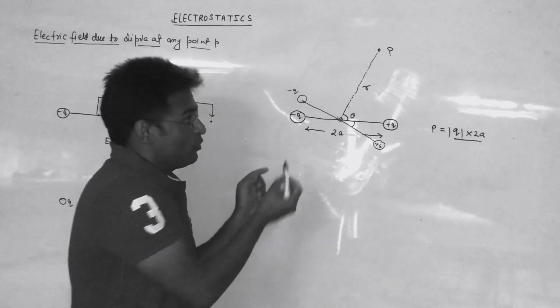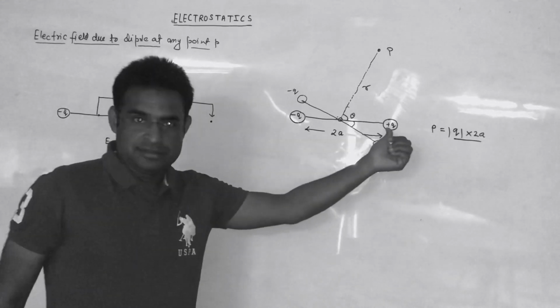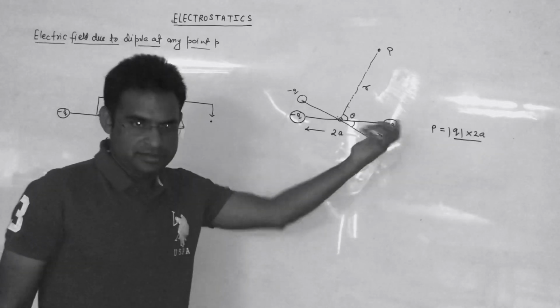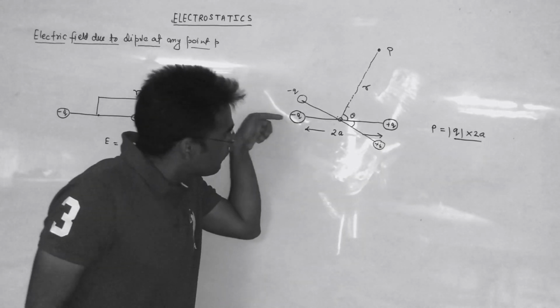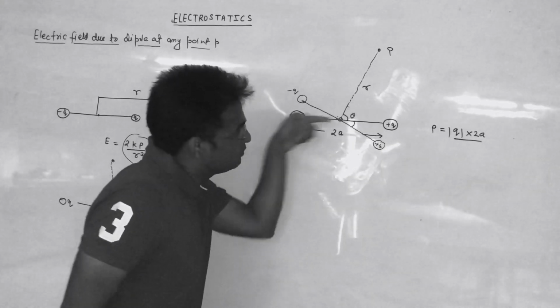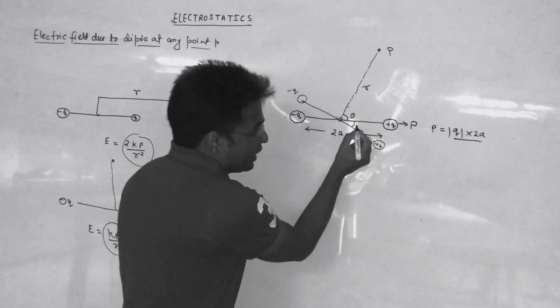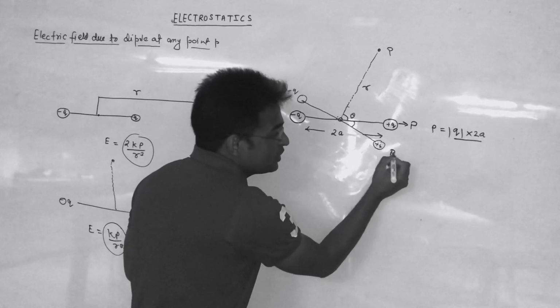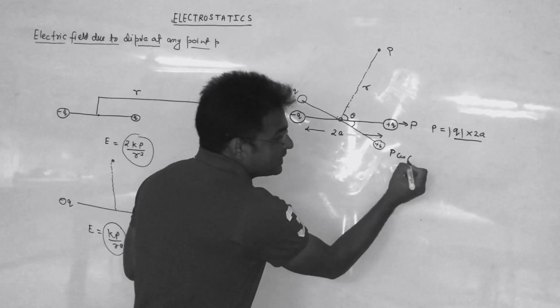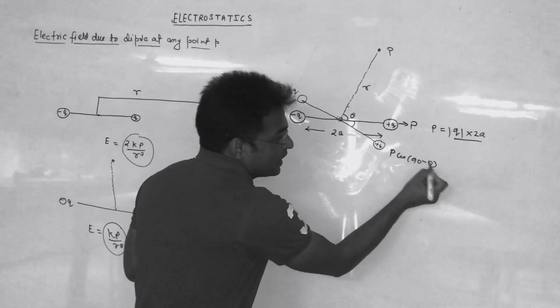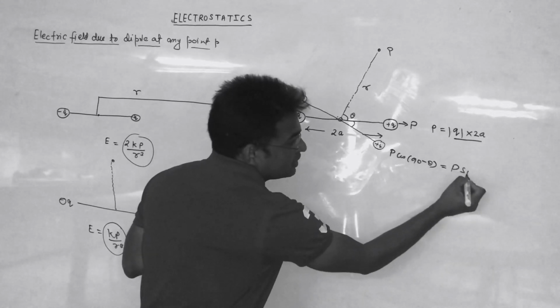The dipole moment is always from minus to plus, so along this line the component will be p cos(90 minus theta). It means that will be p sin theta.